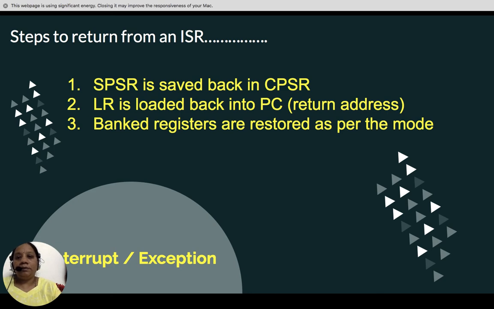Okay, suppose you have gone into FIQ mode, you would have gone into R8 to R12 banked registers. So you have to restore back into your normal user registers R8 to R12. Okay, so these are the 3 steps that you have to carry out whenever you complete an instruction and then come back to the normal program.